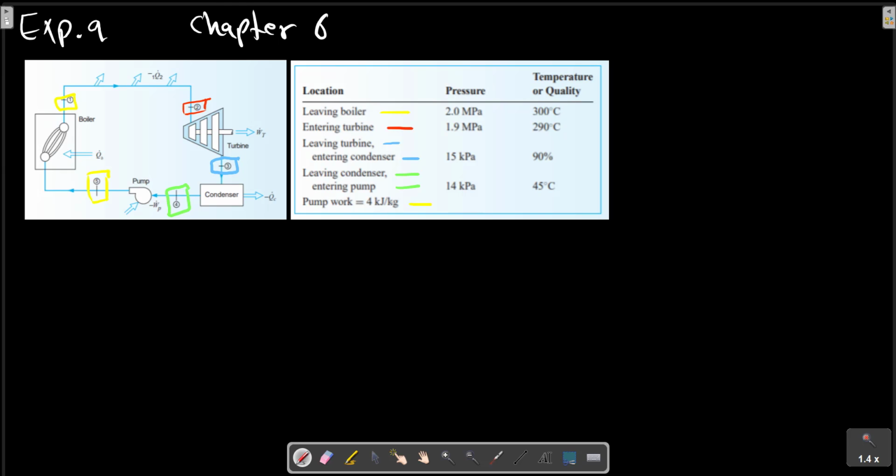Determine the following quantities per kilogram flowing through the units.